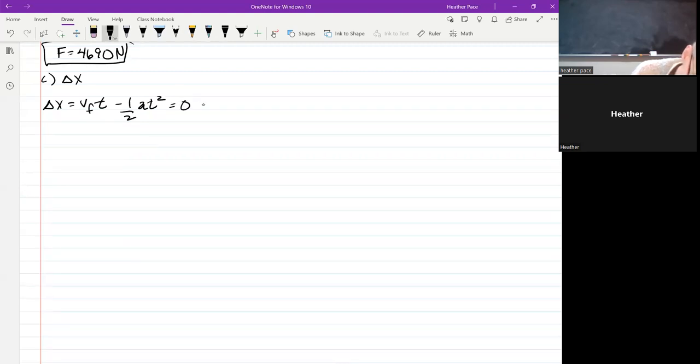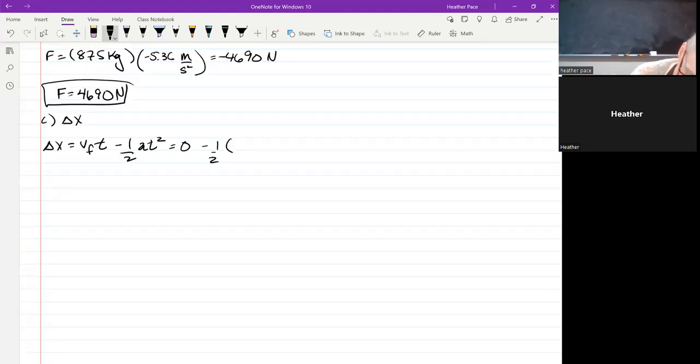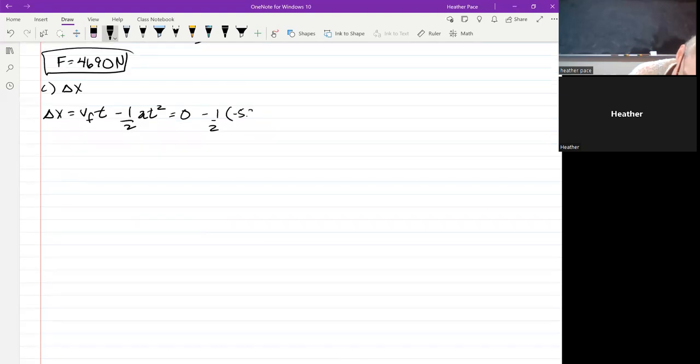Equals 0 minus 1/2. Acceleration we found 5.36. Time was given as, I forget, 5.6.